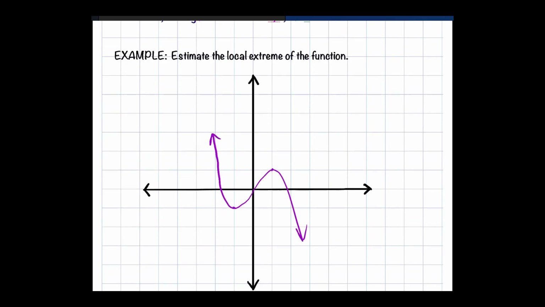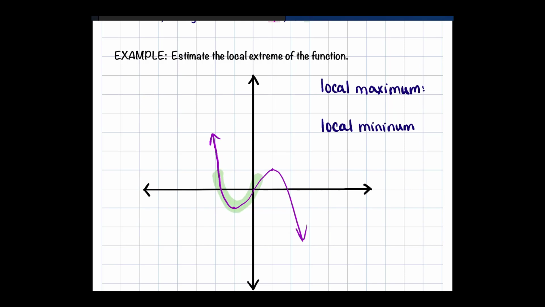So estimate the local extrema of the function. What we want to find out is: is there a local maximum? And is there a local minimum? So basically you look for peaks and valleys.